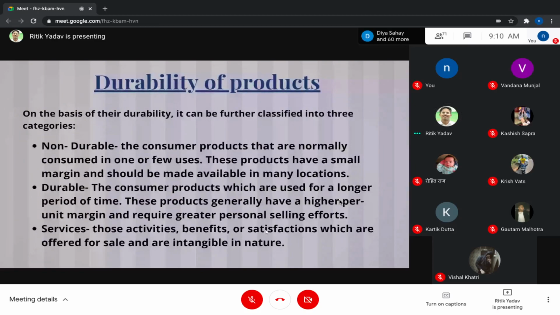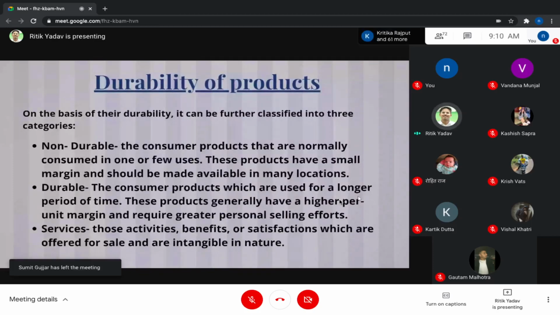Second, the durable consumer products are the products which are used for a longer period of time. These products generally have a higher per unit margin and require greater personal selling efforts.